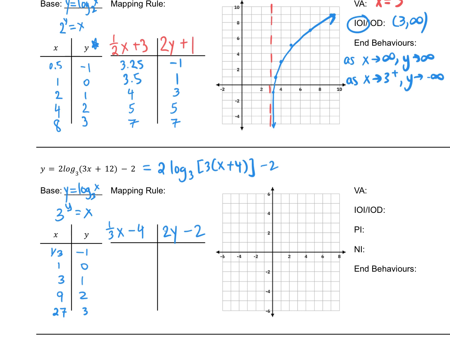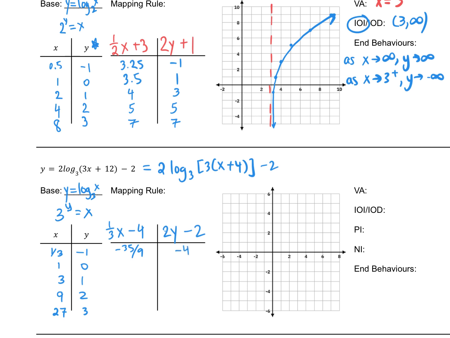So a third times a third is 1/9. Subtract 4, you're going to have to get a common denominator here, or at this point you can write the decimal because we do need that decimal to graph. And then for the y, negative 1 times 2 is negative 2. Minus 2 is negative 4.